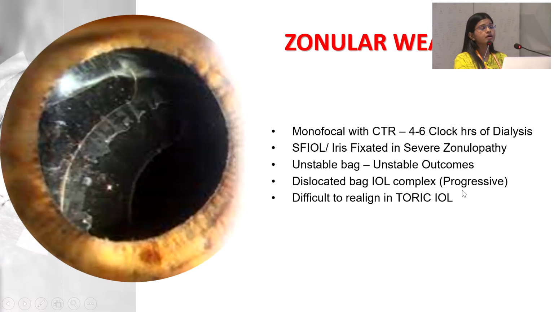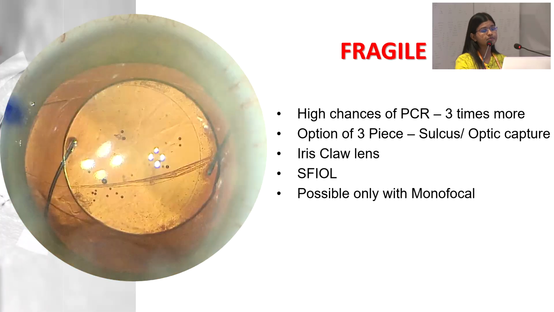Also, if the weakness is progressive and late the IOL subluxates or dislocates, a mild subluxation with a non-toric IOL is still manageable when the IOL is covering the visual axis, but with a toric IOL, it will create a lot of problems. If it dislocates, you can pick up the lens with the bag complex and fix it, which is again not possible with a toric IOL.